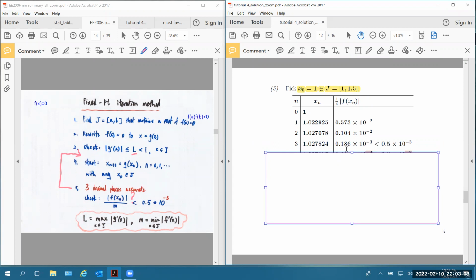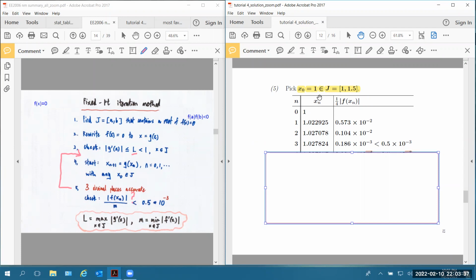You can see that this one is reached already, right? So should we take x3? Should we take our answer to be x3 then? Theoretically, you can take x3, because that's what our theory says, right? If this is less than 0.5 times 10 to the power minus 3, that means this is correct to 3 decimal places. However, in practice, we feel that maybe this is not safe enough.